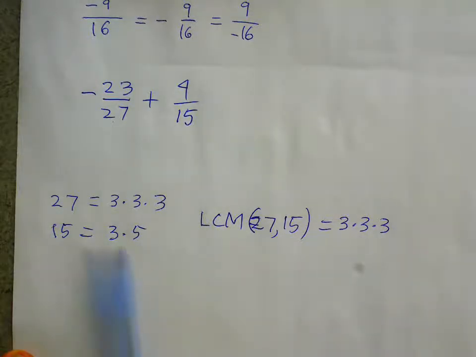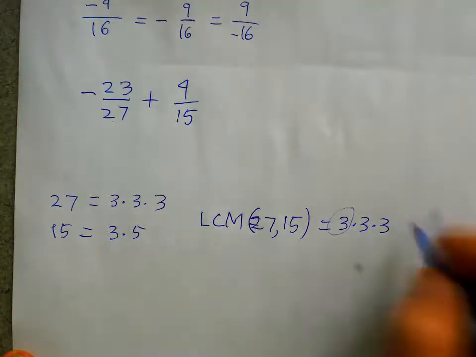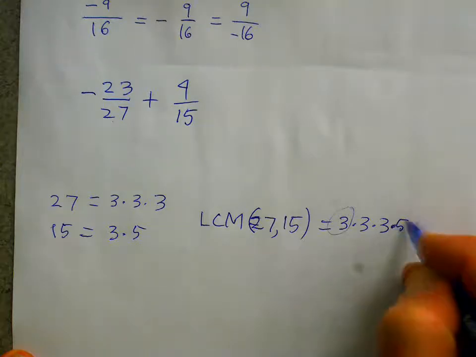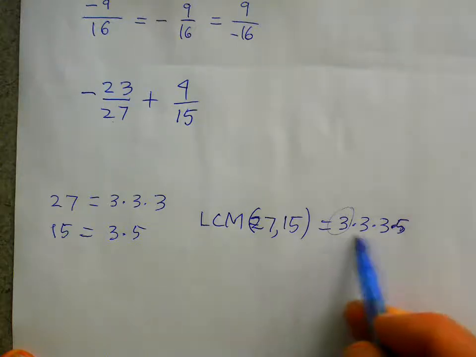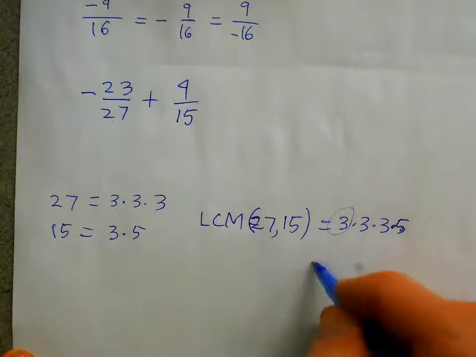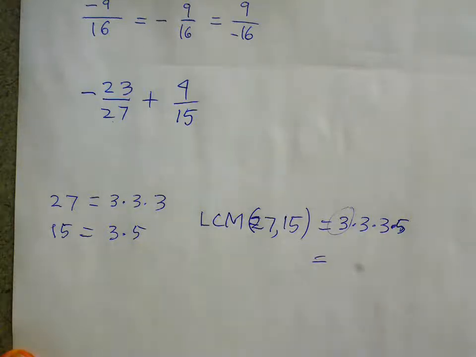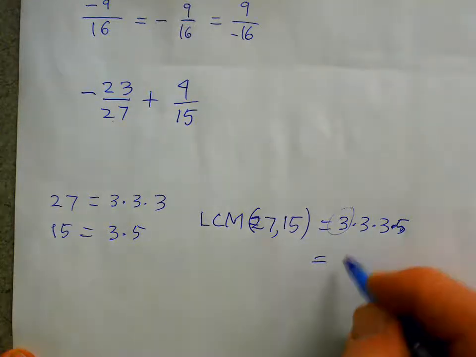For 15, 3 is already accounted for. We don't list another factor of 3 because one of those factors takes the place of that one. But this has a factor of 5, so 3 times 3 times 3 times 5, multiply that out, you get 135.